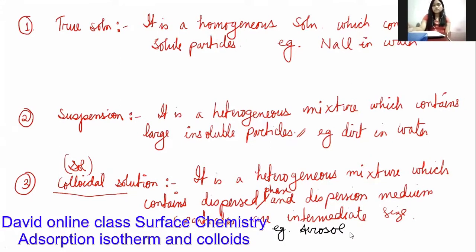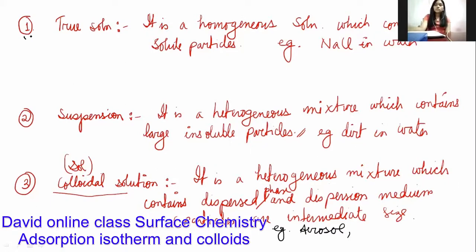What is aerosol? Perfumes, these are aerosols: gas in liquid or solid. Then you can also say alloys. Many types of examples are there: solid sols, liquid sols, alcohol sols, aqua sols.